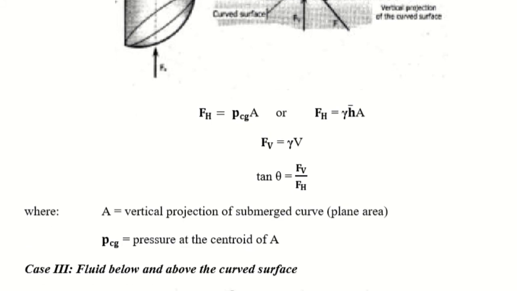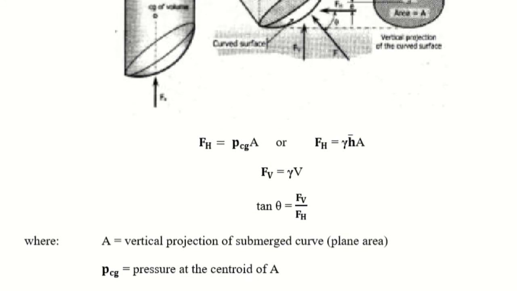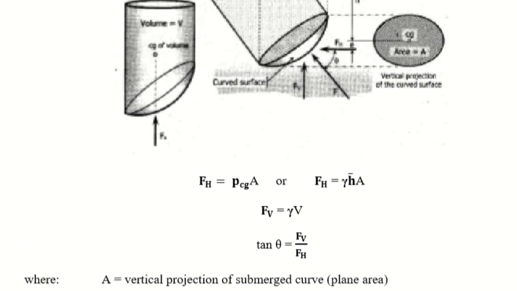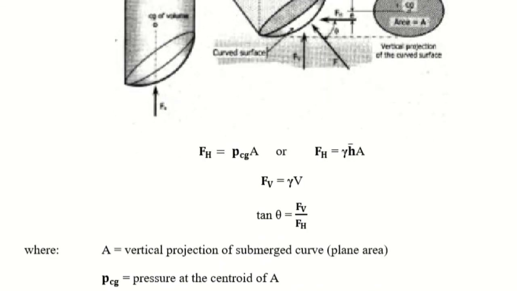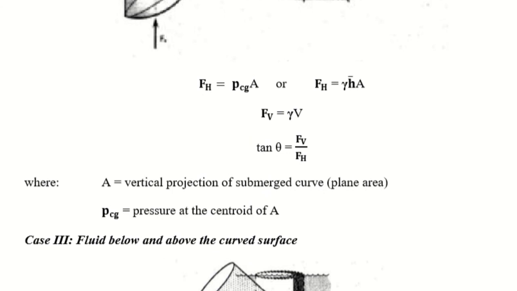Okay? So of course, kung kukunin natin yung angle of inclination, all we need to do is just to use the trigonometric function of tangent theta is equal to FV over FH, where A is vertical projection of submerged curve and PCG is the pressure at the center of area.